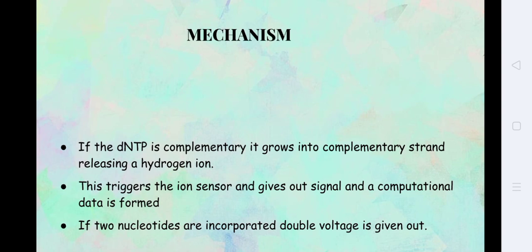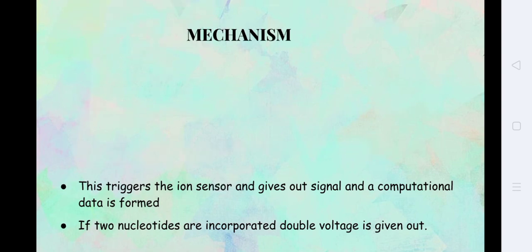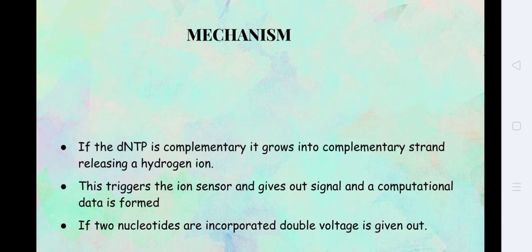Then dNTPs will be fed into this microwell. If this dNTP is complementary to the template strand, this will continue growing into the complementary strand. For example, if there is a cytosine present on the template strand, the complementary strand will have a guanine, and these two will be matching with each other.